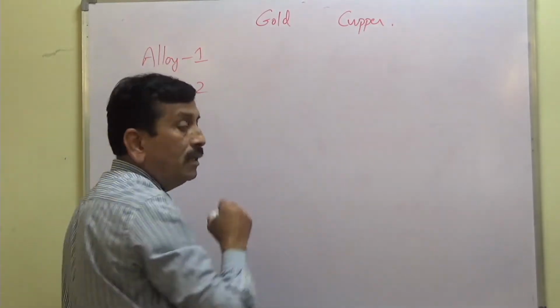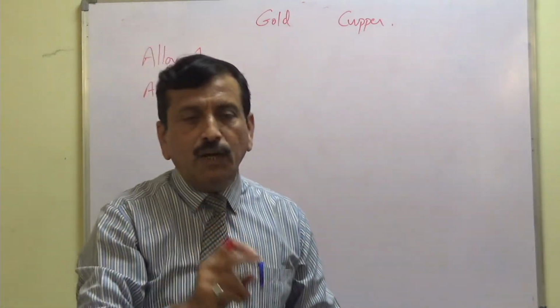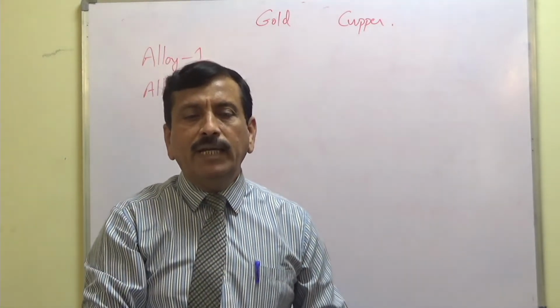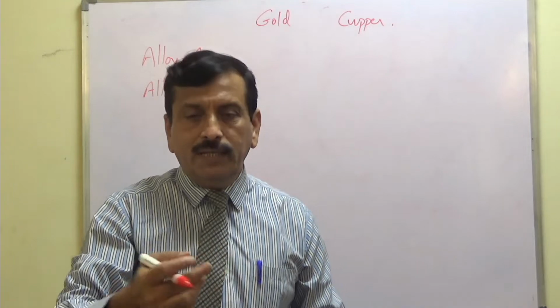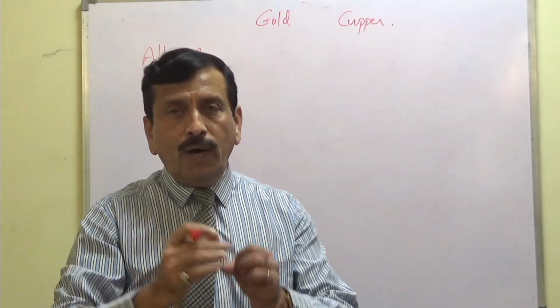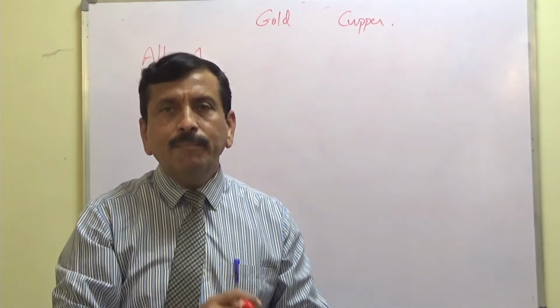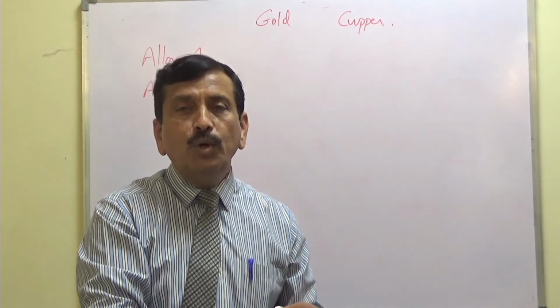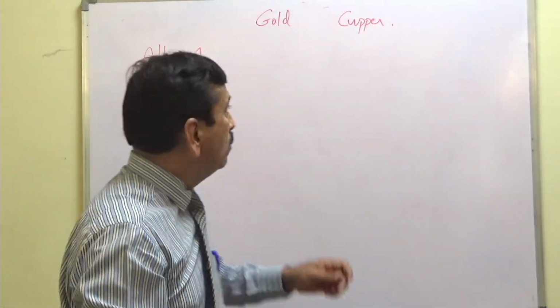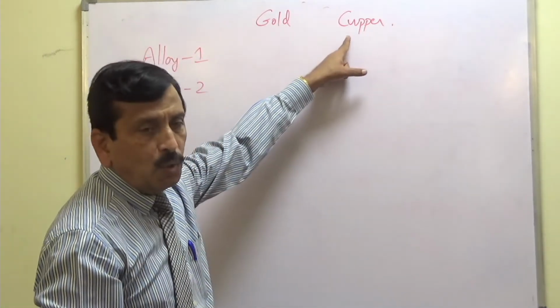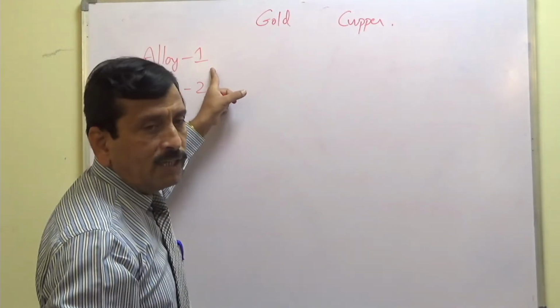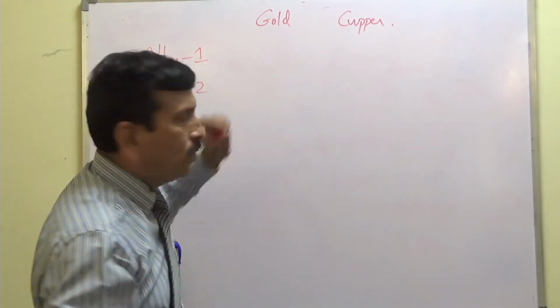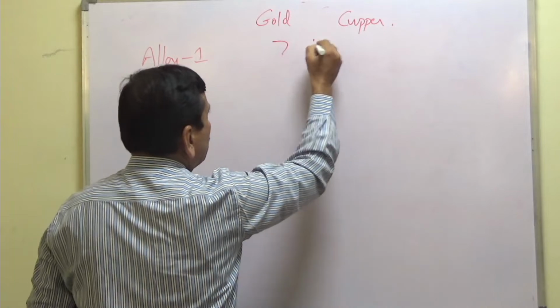It is further given that if equal quantities of alloy are melted to form a third alloy C, so the quantity of alloy 1 is, suppose, W kilogram, then the quantity of alloy 2 is also W kilogram. Now the gold to copper ratio in alloy 1 is 7:4.